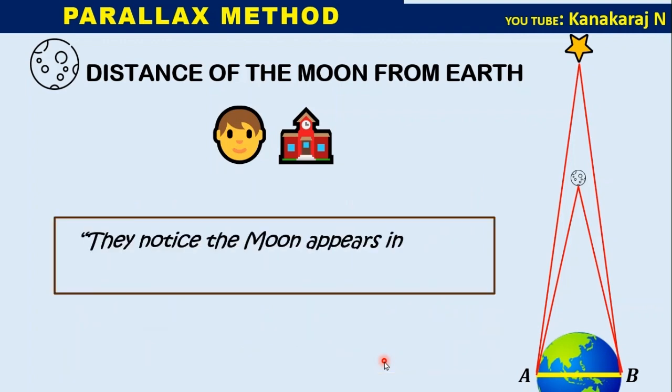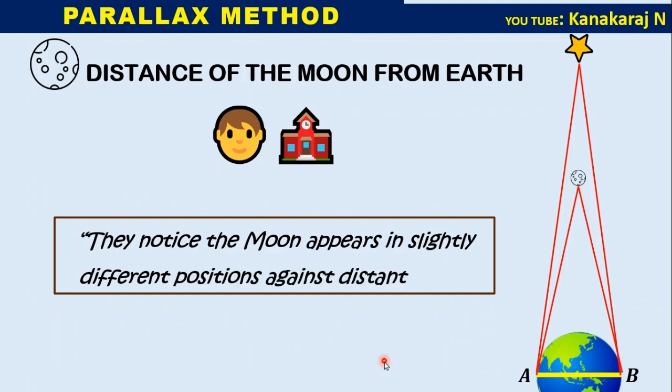They notice the moon appears in slightly different position against distant stars. From A, the moon appears on the right of the distant star. From B, the same moon appears to the left from the same star.